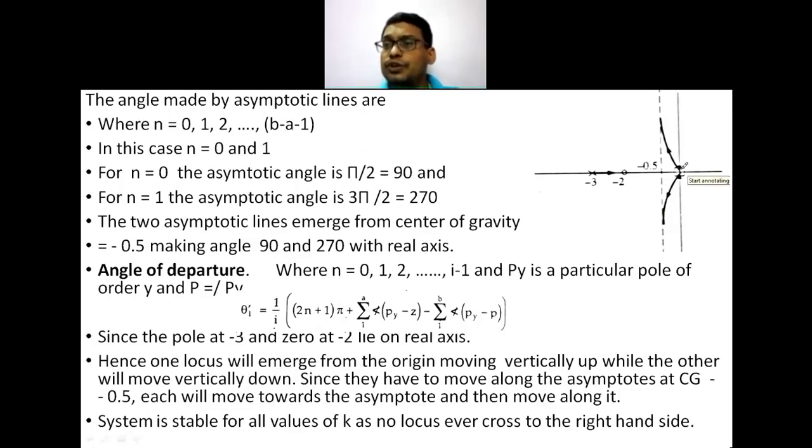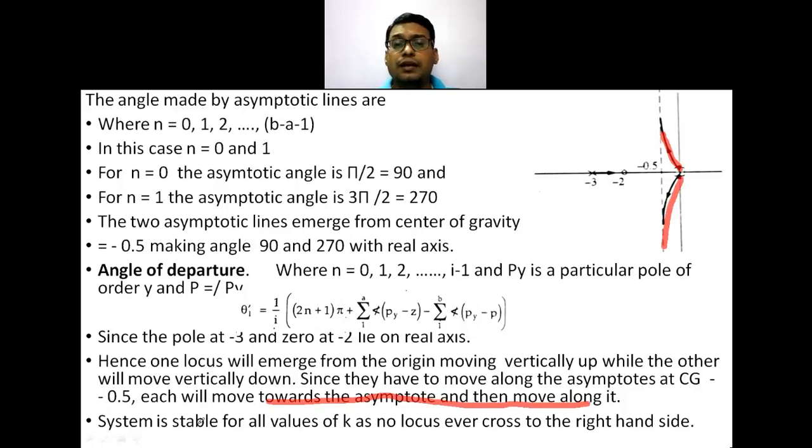One moves upward towards one asymptote, and from the second pole P2, which also starts at 0, it will follow the other asymptotic line. So each will move towards the asymptote and then move along it.